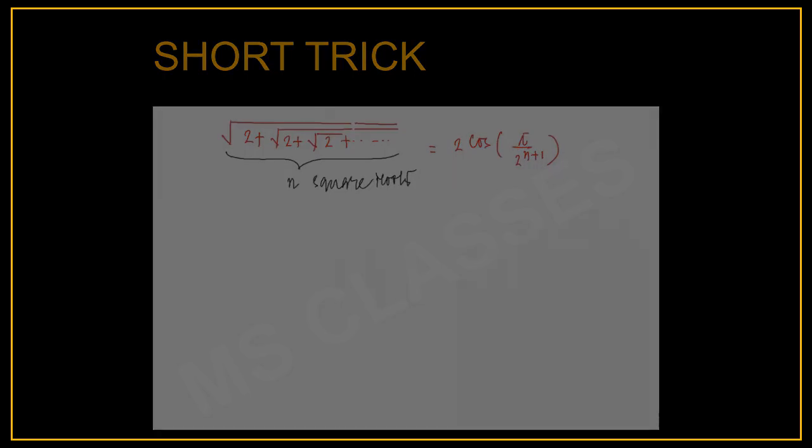That is what we say here: if we have n square roots, this will give us 2 cos pi by 2 to the power of n plus 1. So this is a very nice shortcut which you have to keep in mind.